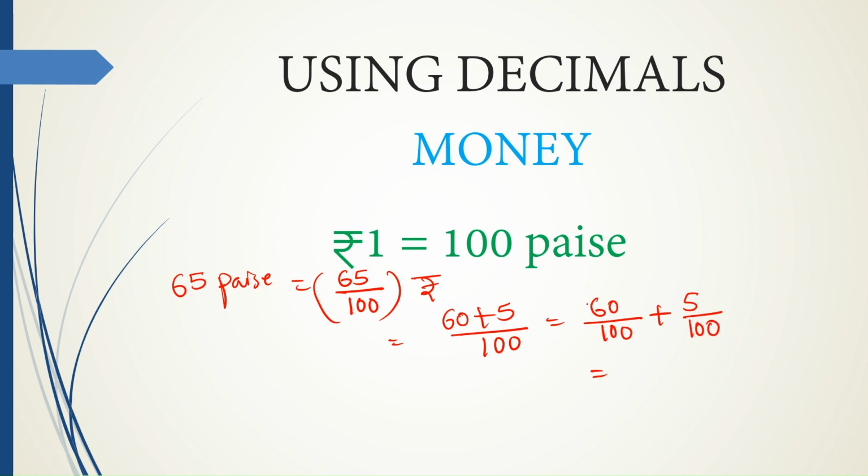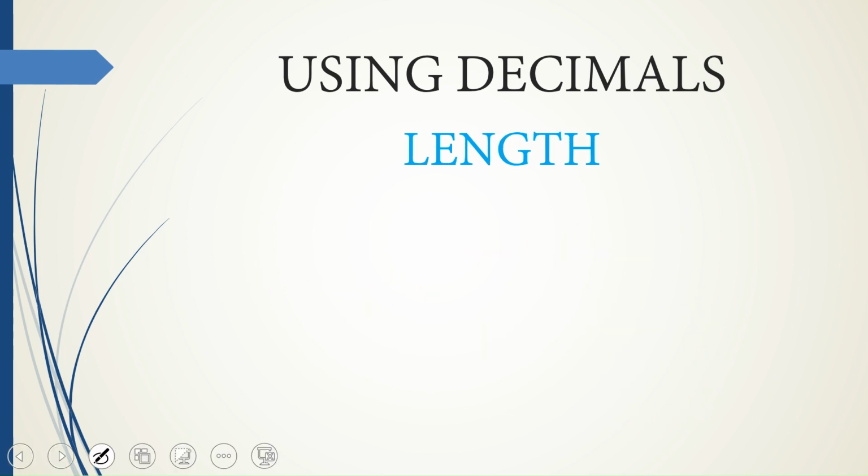Now, if we divide both numerator and denominator of the first fraction by 10, it will become 6 upon 10 plus 5 upon 100. So this is the tenth place, this is the hundredth place. So 0 point, in the tenth place 6, in the hundredth place we'll write 5. 0.65 rupees.